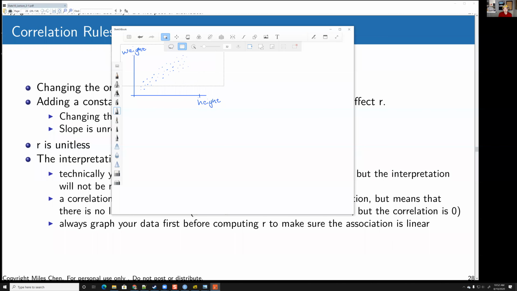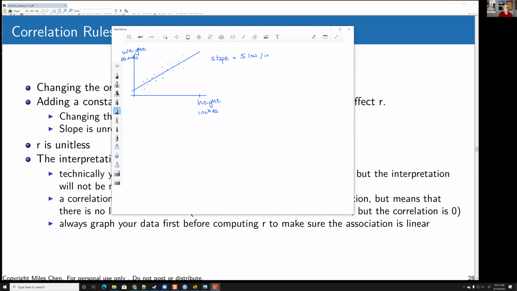Let's say I draw a line here, and maybe height is measured in inches and weight is measured in pounds. Maybe the slope is going to be equal to something like 5 pounds per inch.